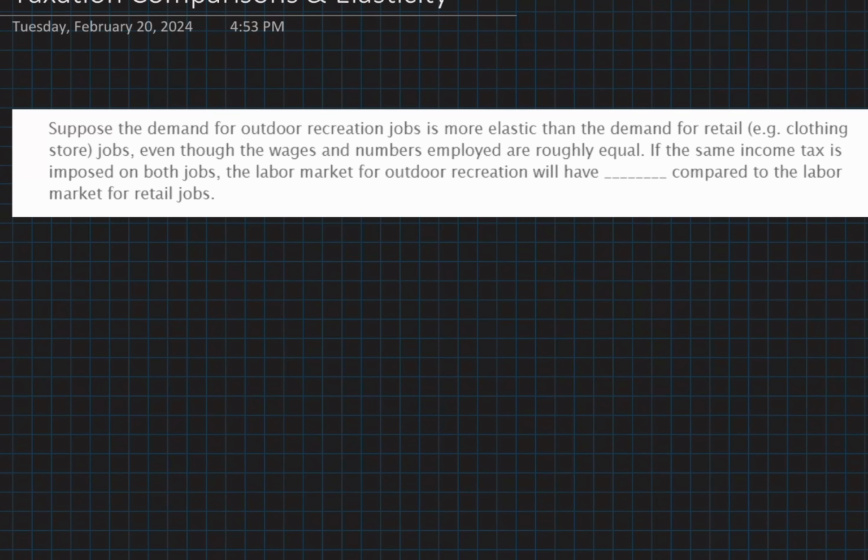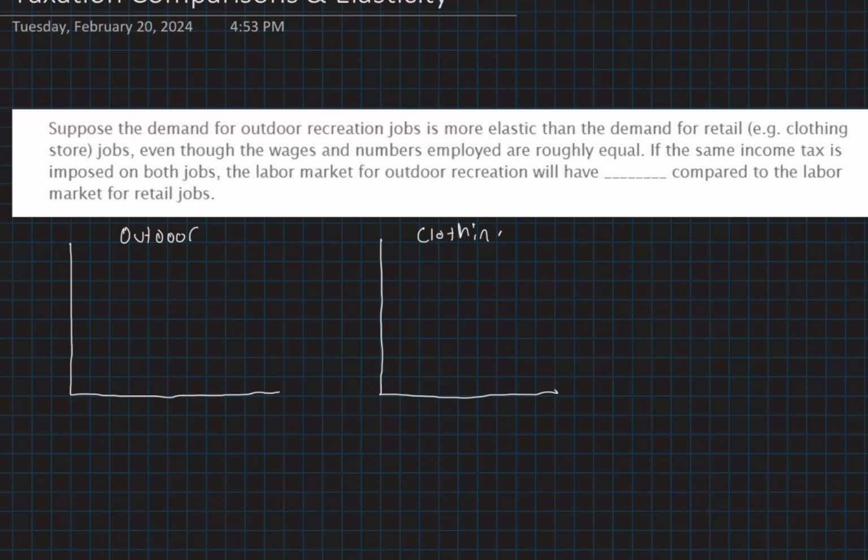I'm going to draw that. So right here we have outdoor. And then there's clothing. And note how it says, even though the wages and numbers employed are roughly equal.